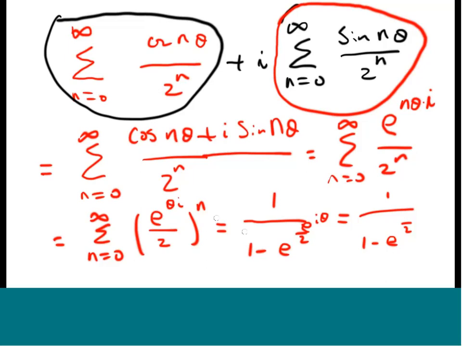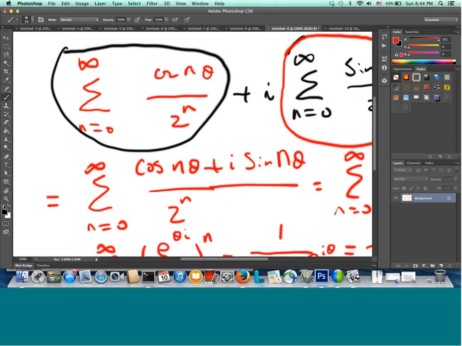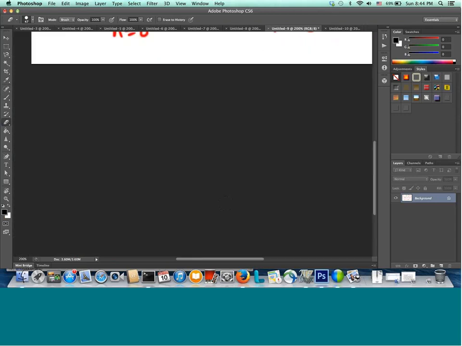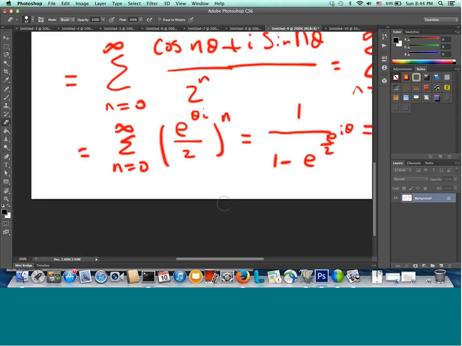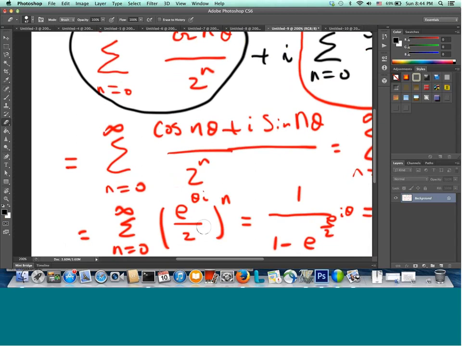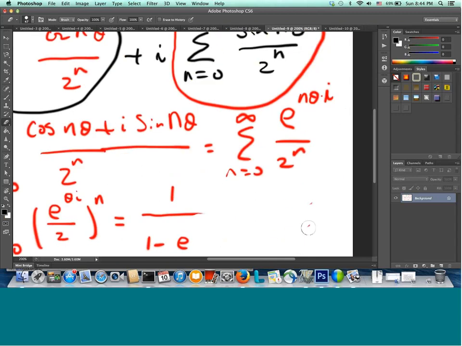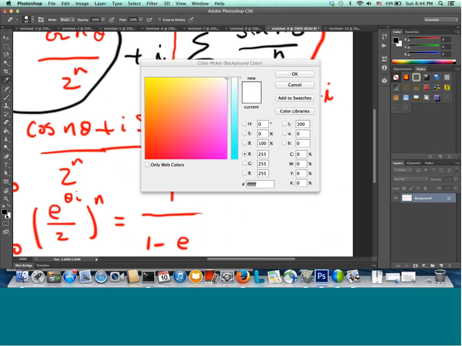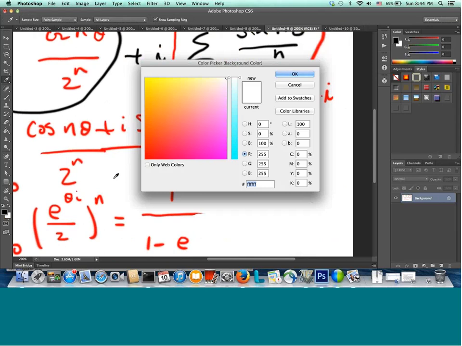Actually, using the eraser to erase it. Oops. Okay, we're back. Let's do one in this color. That's fine. Whatever, it is different.